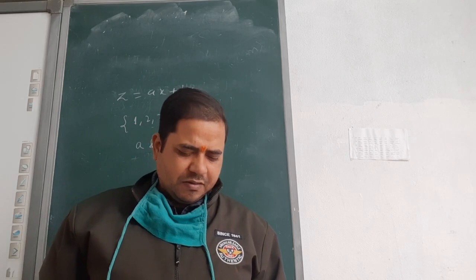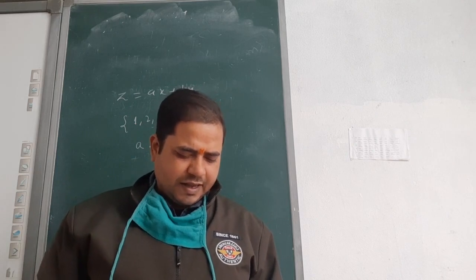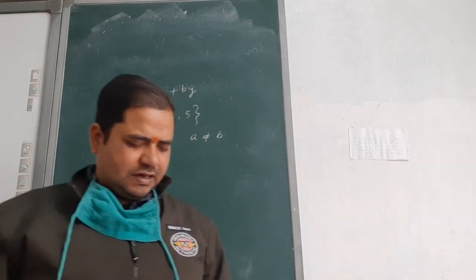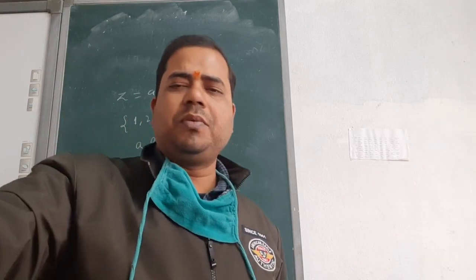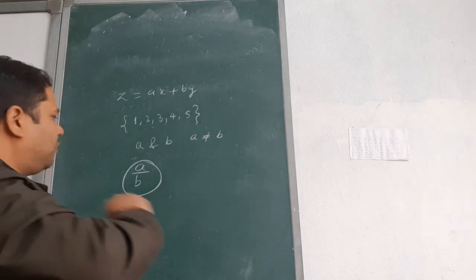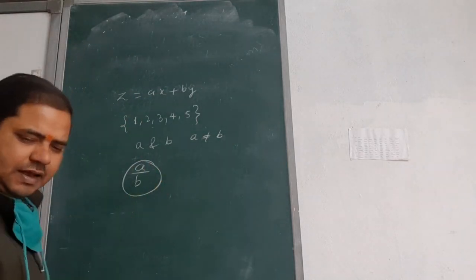Then the probability that a by b is an integer is, what is the probability that a by b is an integer.